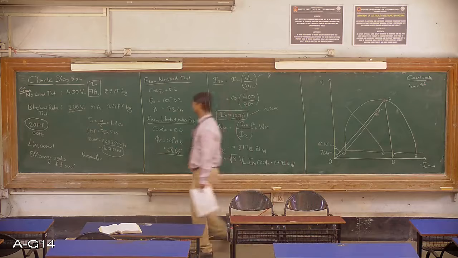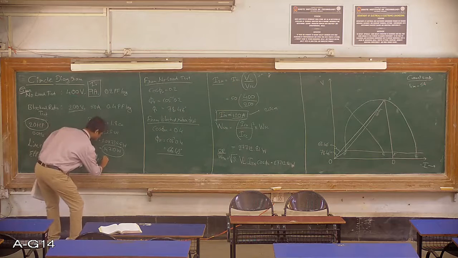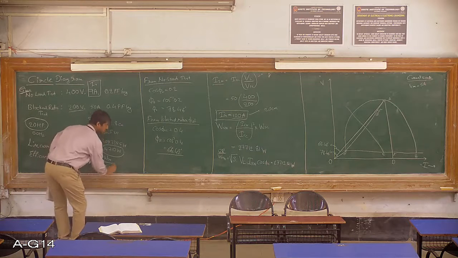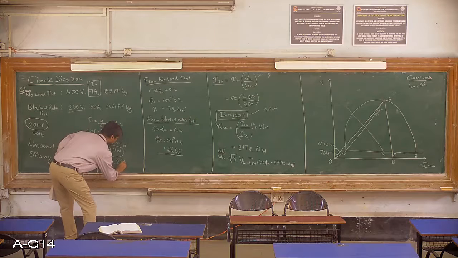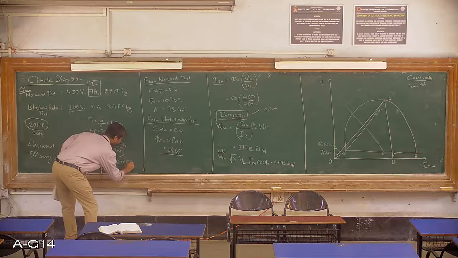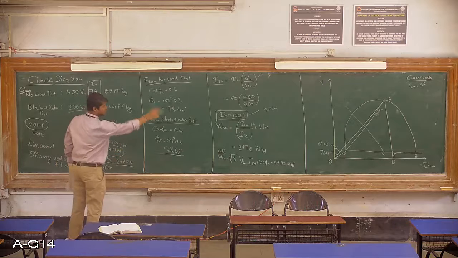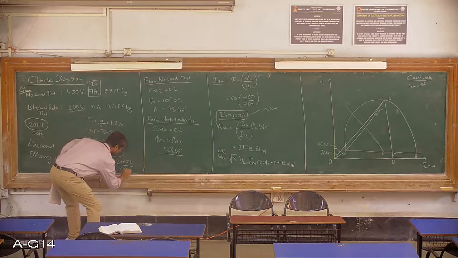Now power scale is nothing but WSN divided by length of AD. Now WSN is 27,712.81 divided by length of AD. That AD is approximately 8.2 centimeters.